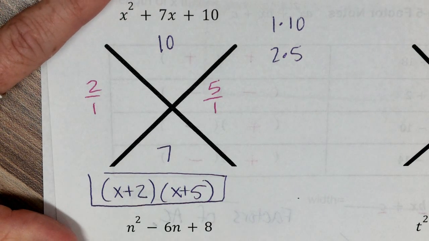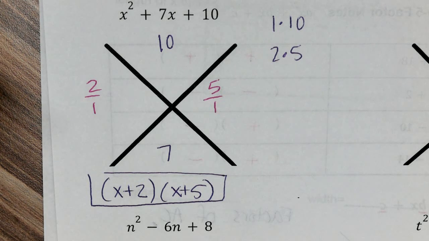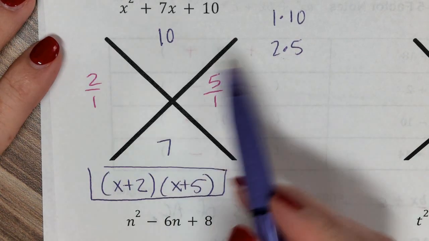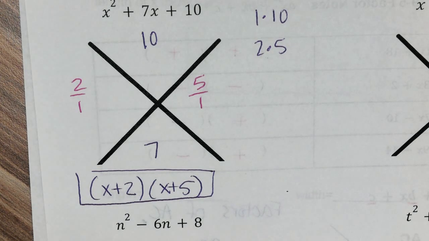How did y'all do? Did any of you put x plus 5 first? That doesn't matter. It's still correct. So basically, if you put 5 times 2 over here and you dropped it differently, you're still going to get the same answer. Yes? So it doesn't matter if the order is different.